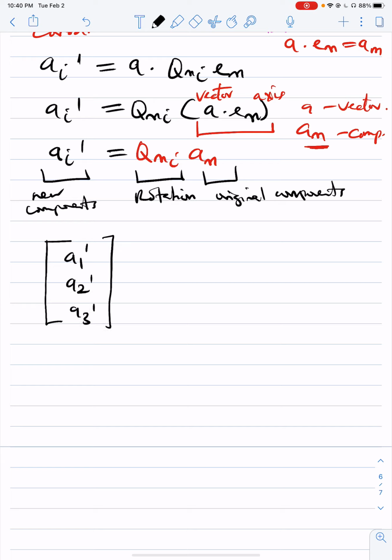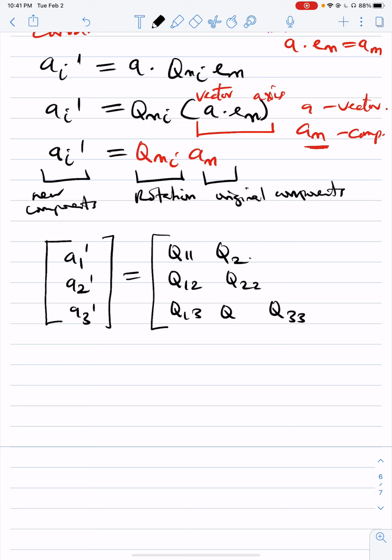Don't forget, once you see EI, you can expand up to 3, right? Then Q11, Q12, Q13, Q21, Q22, Q23, Q31, Q32, Q33. And the original components are still A1, A2, and A3.